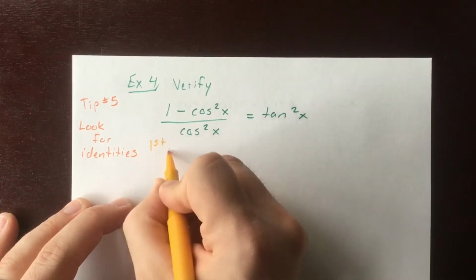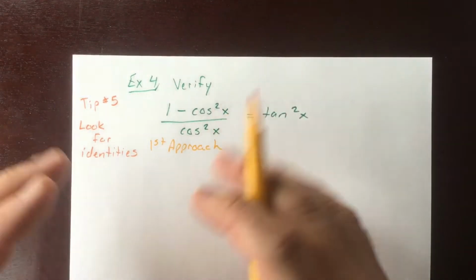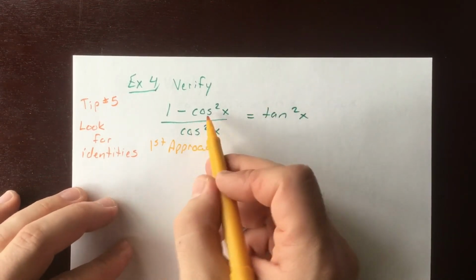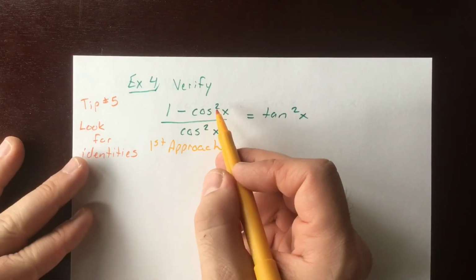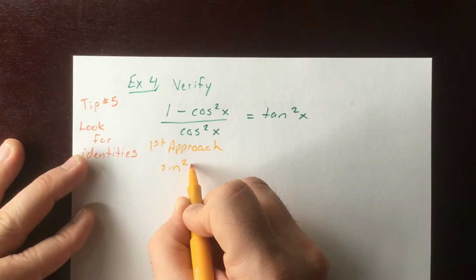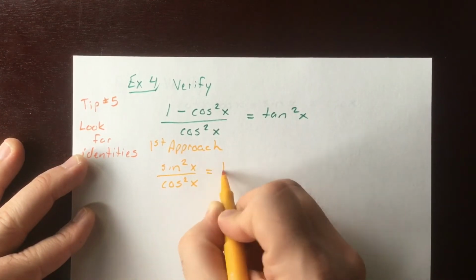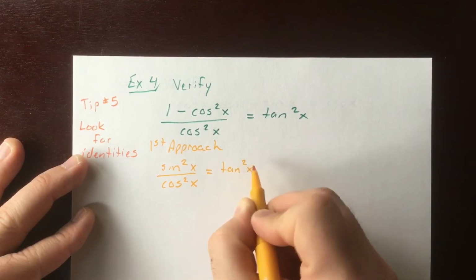The first approach. This is actually fun stuff because there's more than one way. So 1 minus cosine squared is sine squared. Okay. So we were trying to verify that it equals tangent squared.